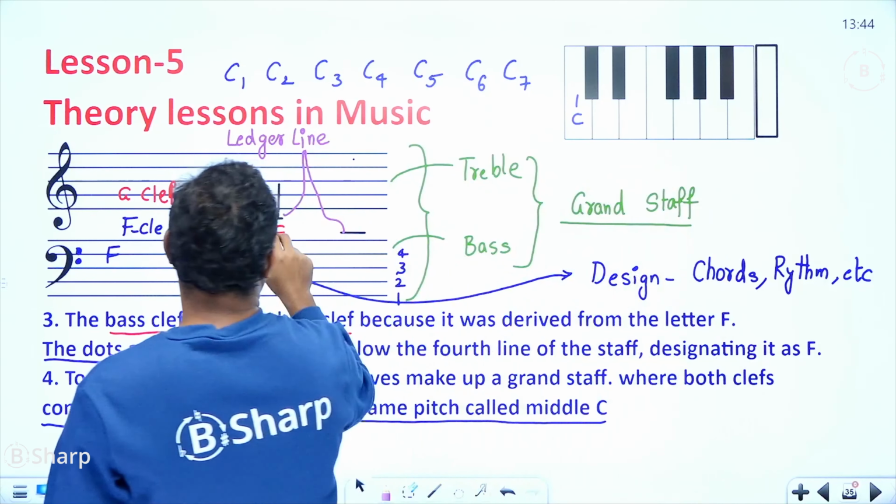So this is called a ledger line. In a grand staff, this is where the C is.